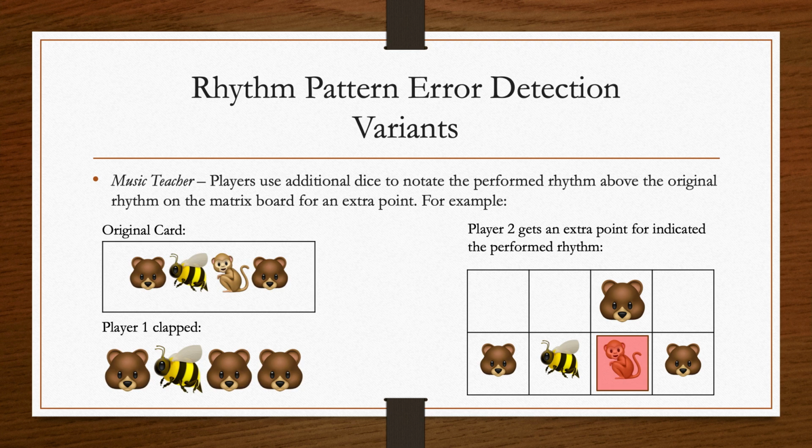So for example, with our original card of bear, bumblebee, monkey, bear, but player 1 switching the monkey for a bear, player 2 would get an extra point if they correctly identified that monkey was performed incorrectly and bear was performed instead. So it's as if the player is correcting the performance of the other player. And this player 2 would get 5 points in this case.